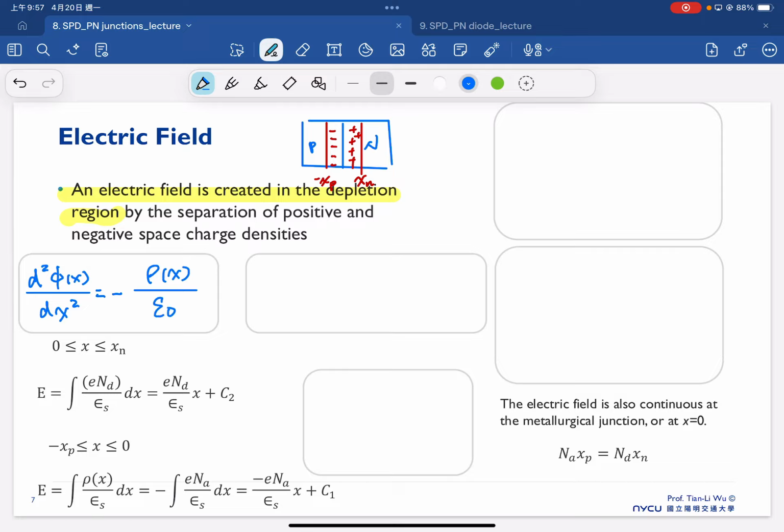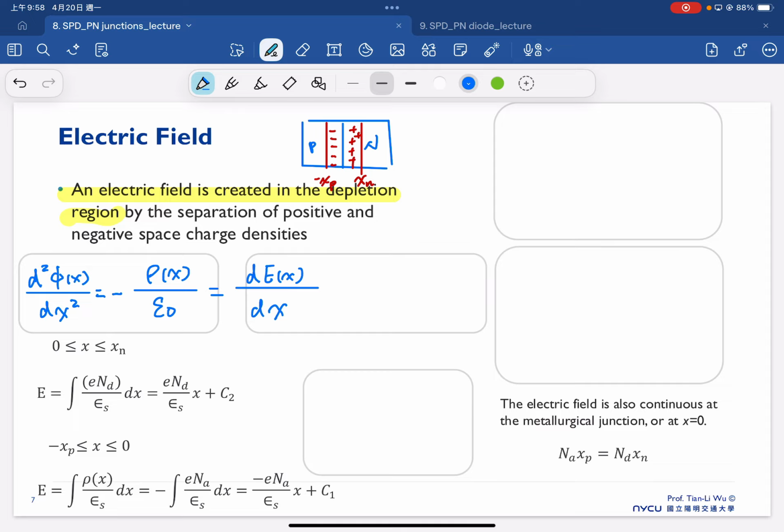So this is the well-known Poisson equation, and this is also equal to the first order derivative of the electric field, dE over dx.